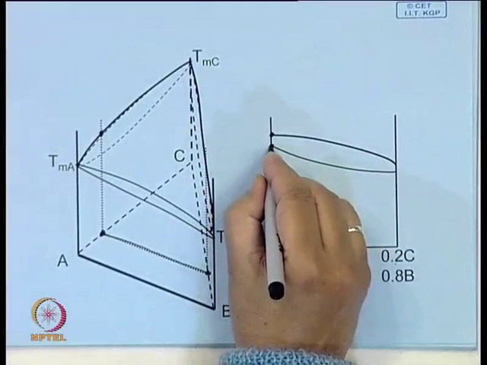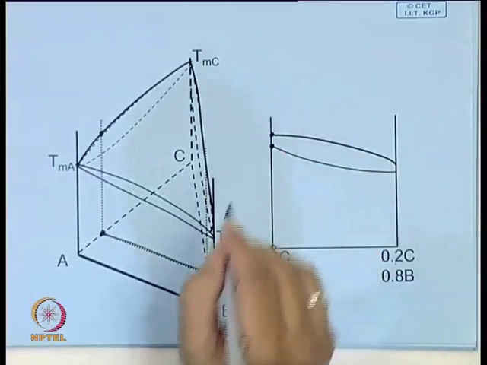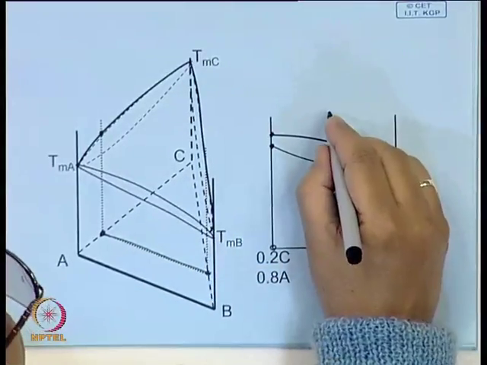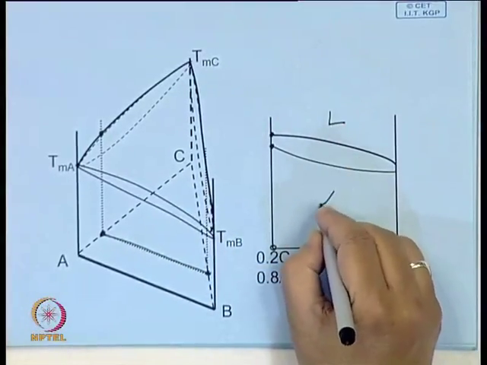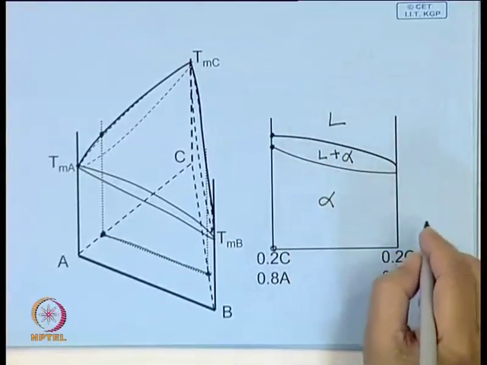This is where solidification begins and this is where solidification is complete. This portion is liquid, this is alpha, and this is liquid plus alpha.